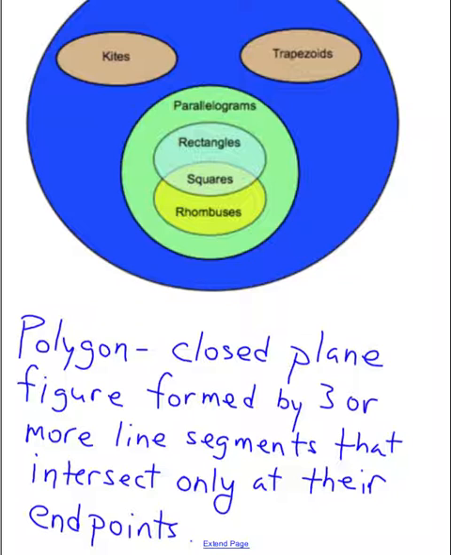Other examples of polygons, besides quadrilaterals, are triangles, what else? Pentagons. Square? Well, squares are quadrilaterals. Octagons, decagons, etc.